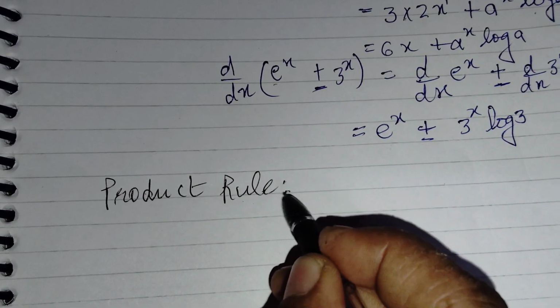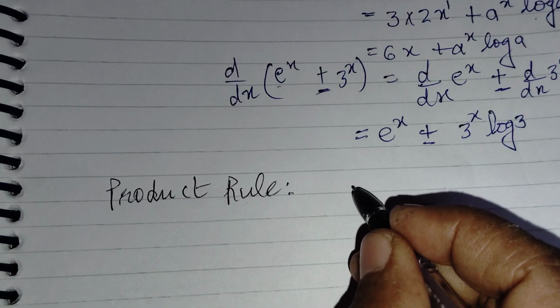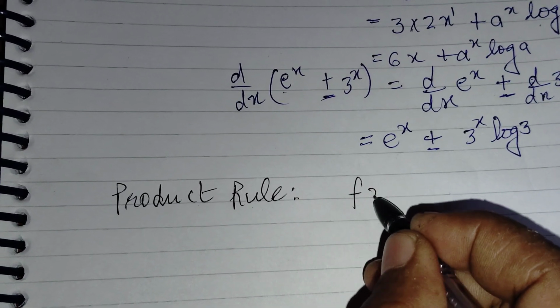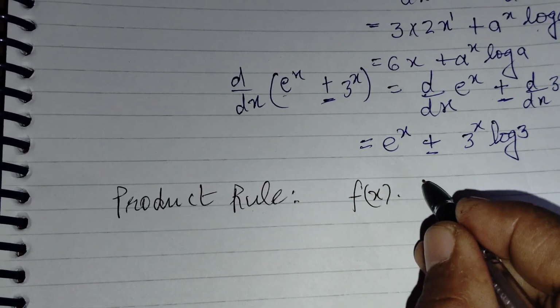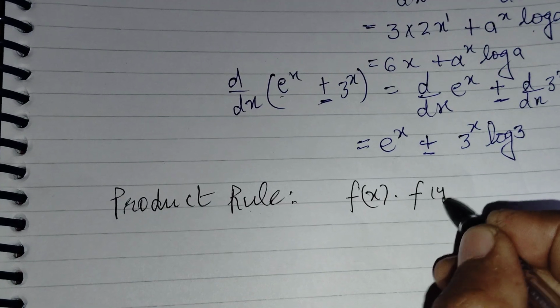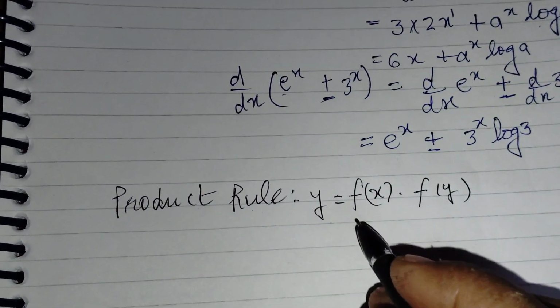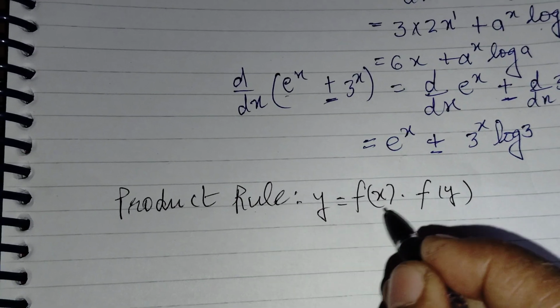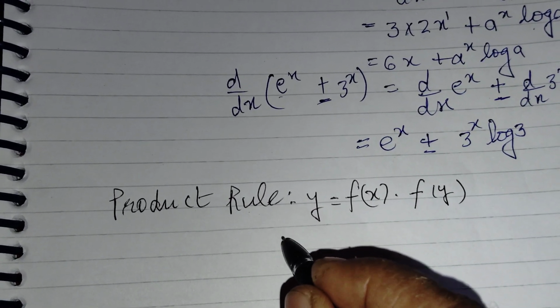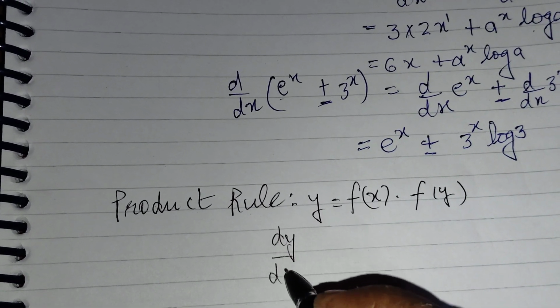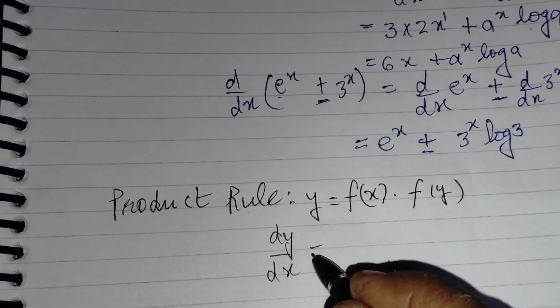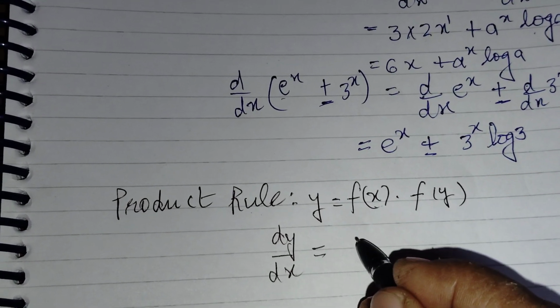In the product rule, suppose two functions are given, f(x) and f(y). These two functions are given equal to y, and we want to find the differentiation. So how do we differentiate it? In this case, dy by dx, differentiation of these. So here are two functions. What do we do?